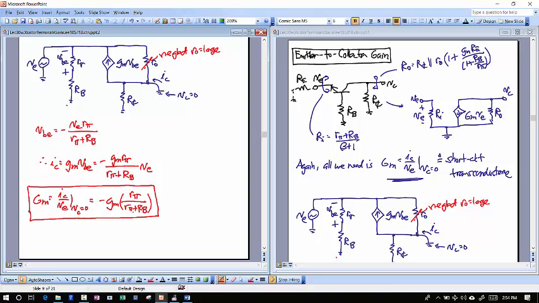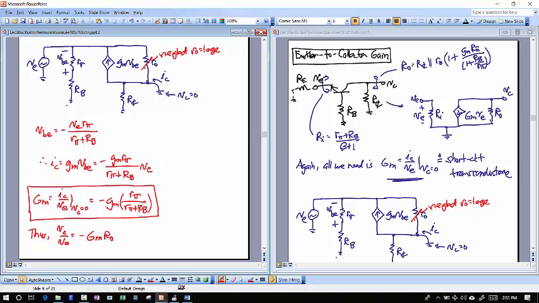Okay, and this now is my expression for GM, for the gain of this stage here. So my gain is still going to be equal to, right? So I could still write that my gain VC over VE is still minus GM times R naught.